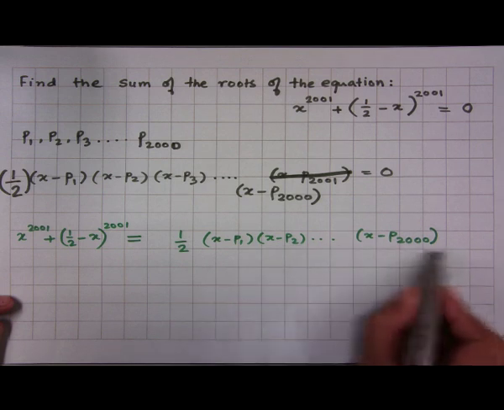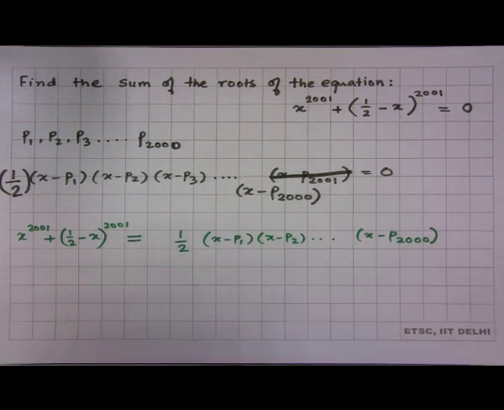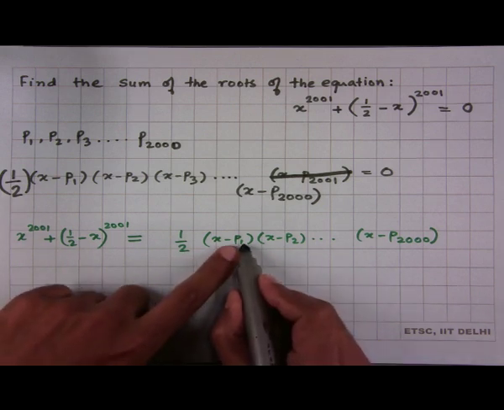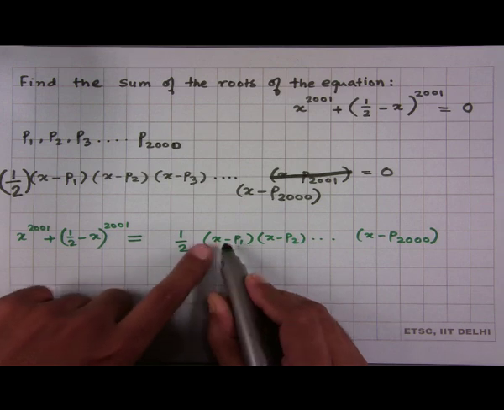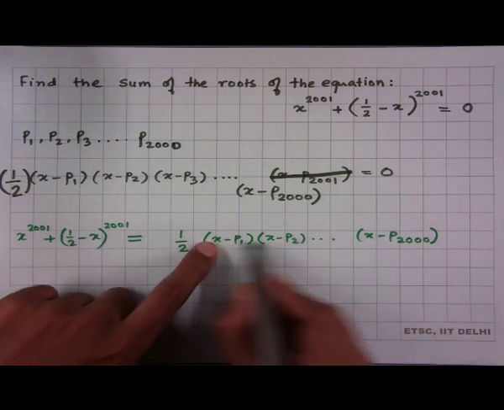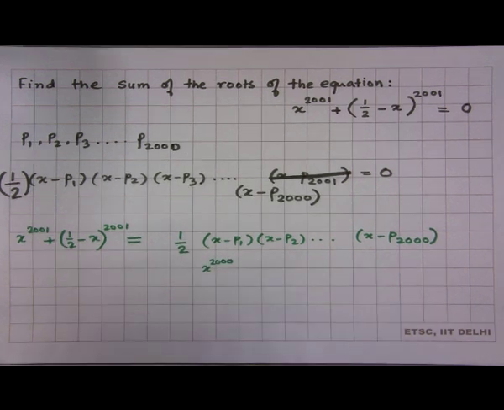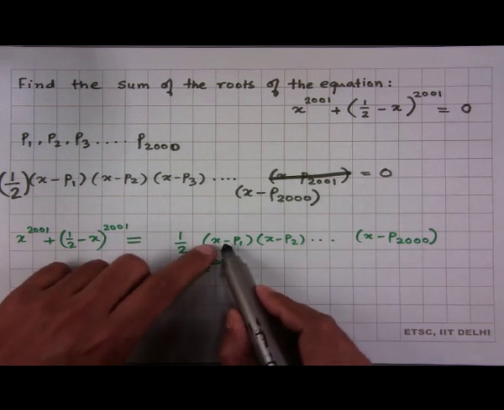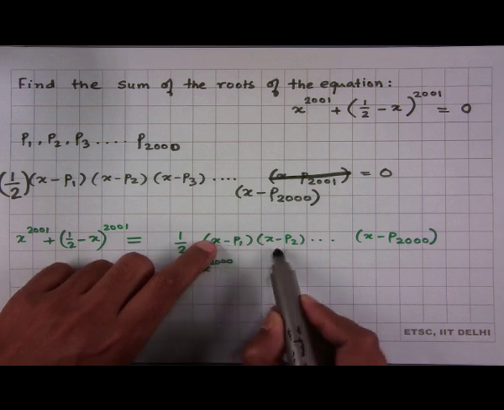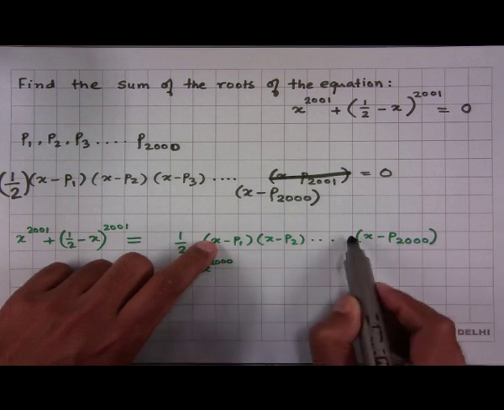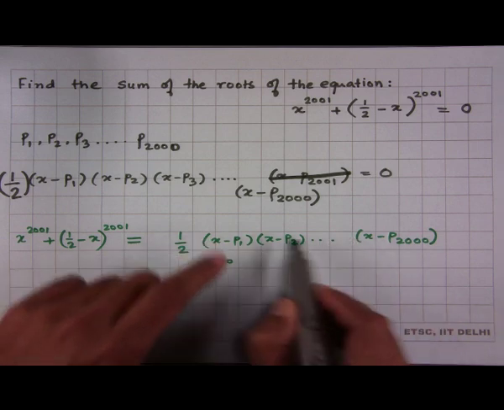One thing you can do is you can try to expand this out, and when you try to expand this out, first of all you have got x to the power 2000, that is by construction, and then you have got x to the power 1999 times p2000, p1999 and so on, all of them.